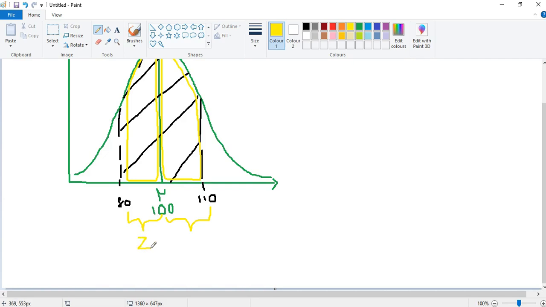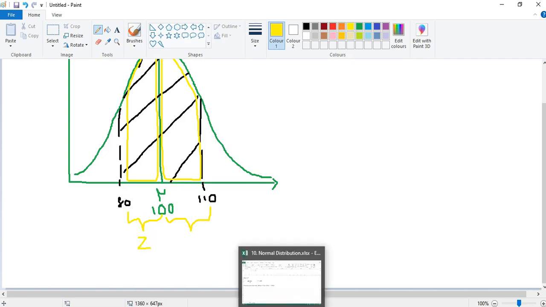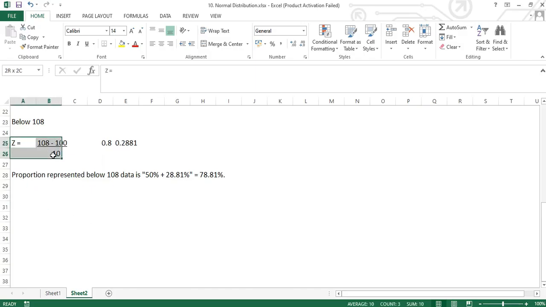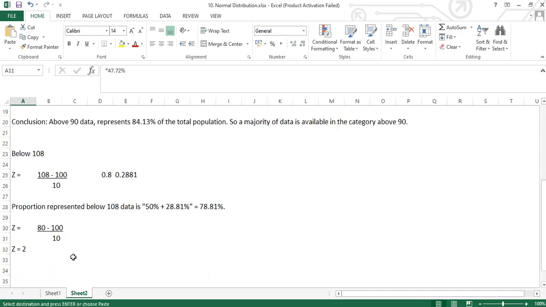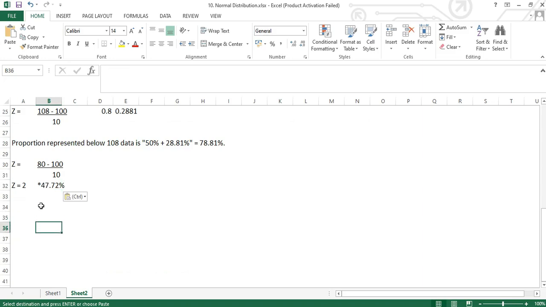What's the Z value between 80 to 100? Well, apply the formula. Z equals 80 minus 100 divided by 10, so Z equals 2. And we found the answer before: when Z equals 2, what's the probability? 47.72%.